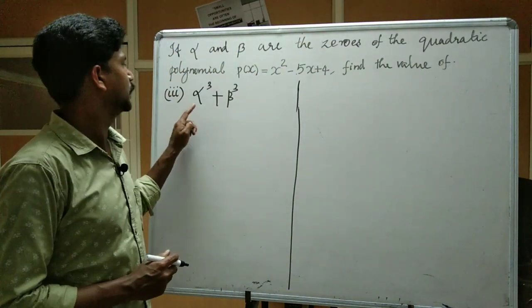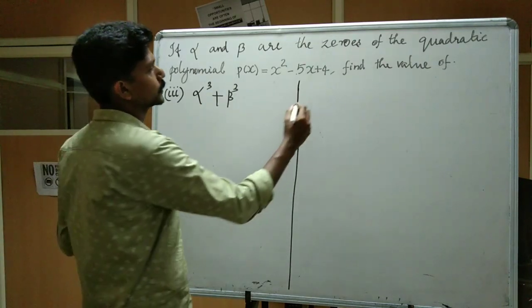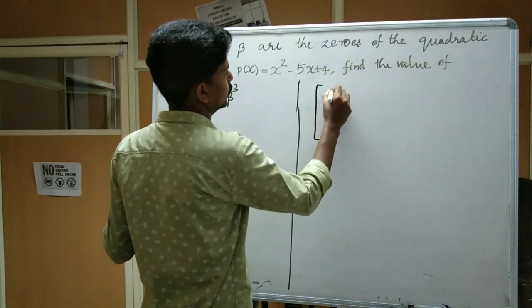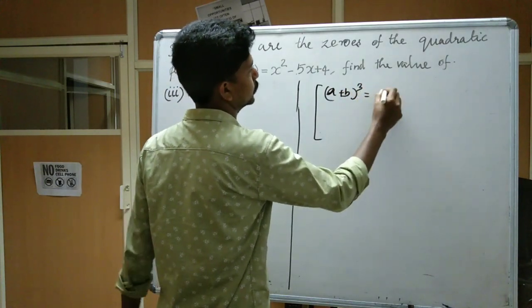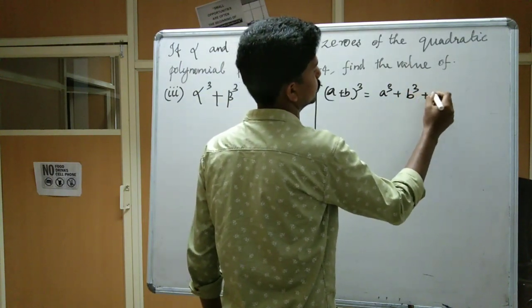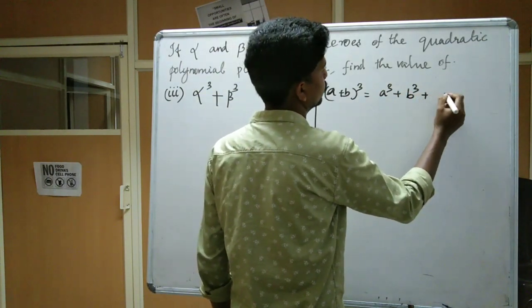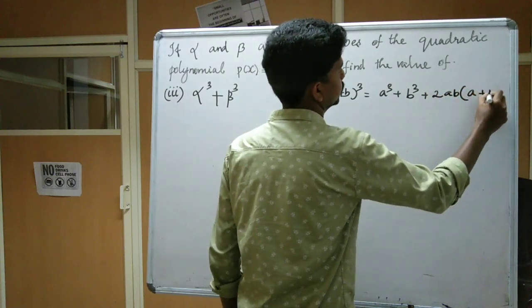So third one, alpha cube plus beta cube. For this one, we are using the identity a plus b whole cube, which is equal to a cube plus b cube plus 3ab into a plus b.